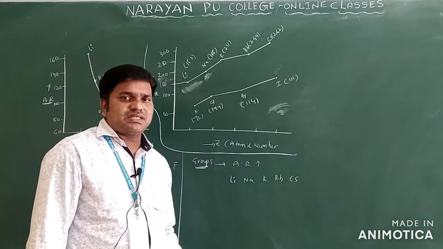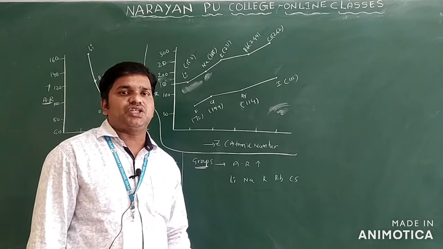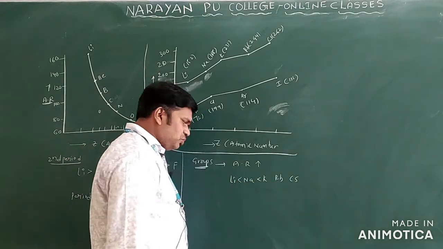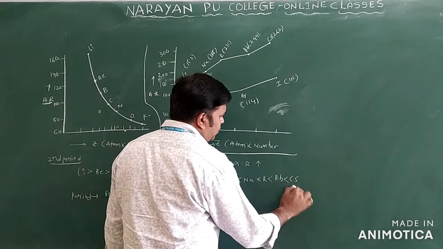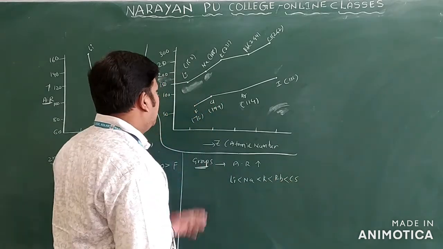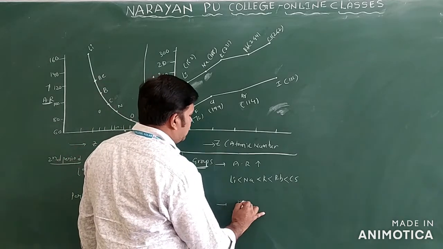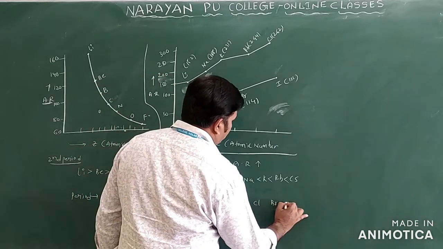Clear? We already discussed yesterday why the size increases: due to the addition of extra shells. So lithium is less than sodium, sodium less than potassium, potassium less than rubidium, and rubidium less than cesium. Come to the next one, one more group is given here. This is the halogen family: fluorine, chlorine, bromine and iodine.